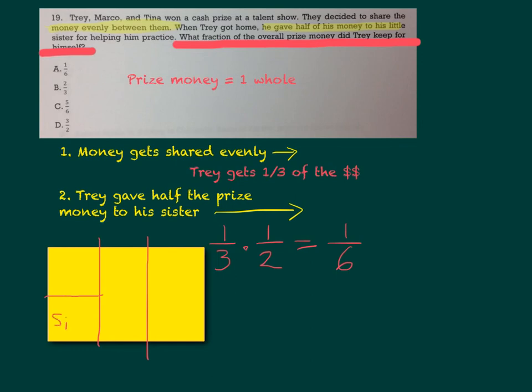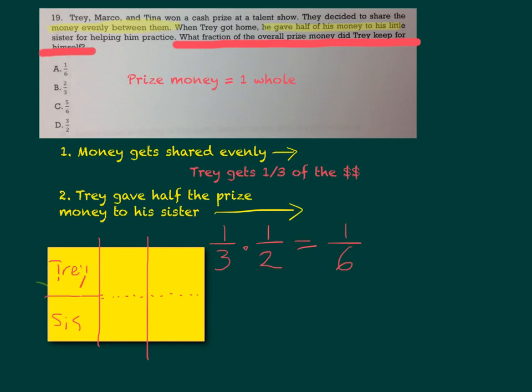So this part gets to be the sister's money. So when you look at this shape here, this is what Trey would get to keep. When you look at the whole shape, and then I divide this part further, Trey is actually getting 1/6 of the money.